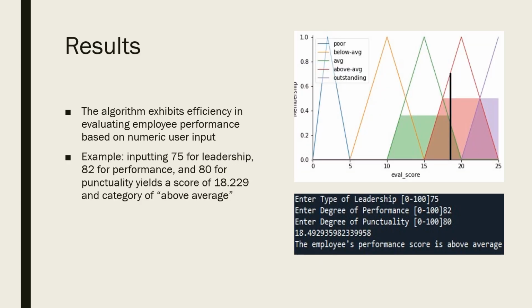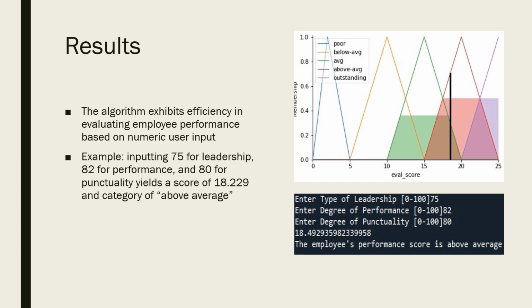So here are the results. The demonstrated fuzzy logic algorithm exhibits efficiency in evaluating employee performance based on numeric user input. For example, inputting scores of 75 for leadership, 82 for performance, and 80 for punctuality yields an evaluation score of 18.229, and the membership function categorizes the employee's performance as above average, which aligns with the expected outcome based on the provided scores.